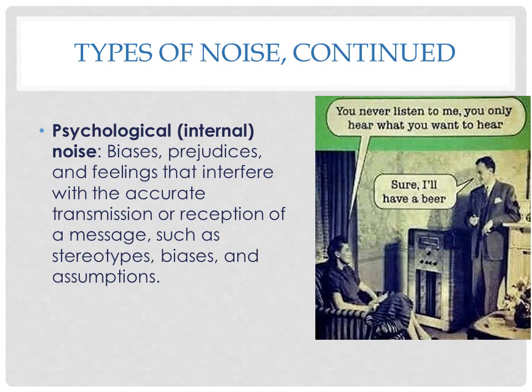And again, it doesn't mean that we don't love our spouse, it just means we tend to tune them out after a while. The little picture on the right is a perfect example of this. The wife says, "You never listen to me, you only hear what you want to hear." And the husband says, "Sure, I'll have a beer." And I'm sure most of us have been in this situation.